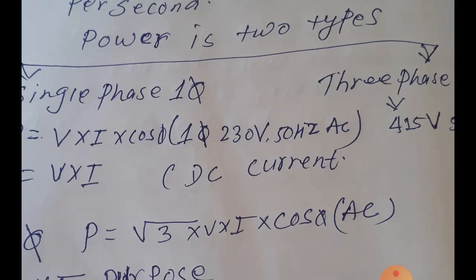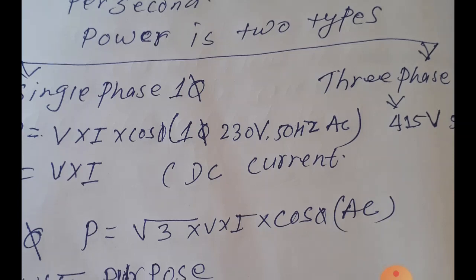So in your house or building, you get 0.8 to 0.9 for cosφ. V for single phase is 220 or 240. If you have direct current, you do not need cosφ, because direct current has no frequency.